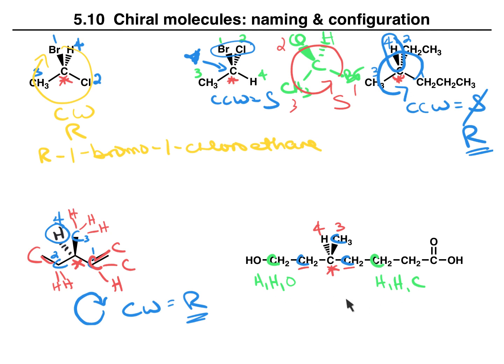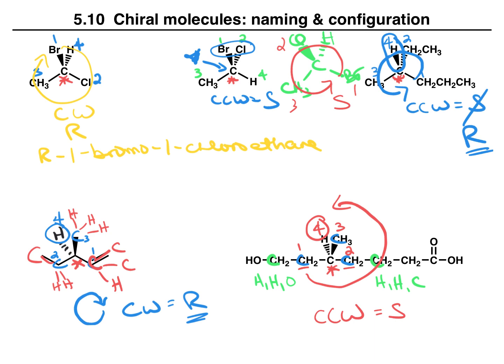We can already assign priority. So this carbon has higher priority than this carbon, which means the group on the left has higher priority than the group on the right. So now we have our priorities 1 to 2 to 3. We are going counterclockwise, which would give us S configuration. And since our lowest priority is in the back, we stop there.